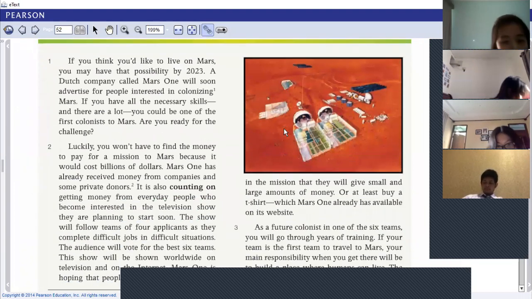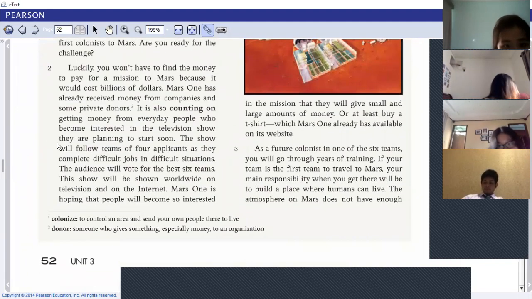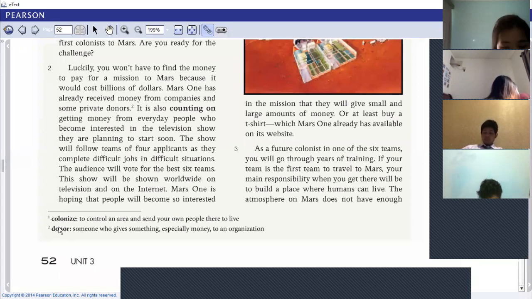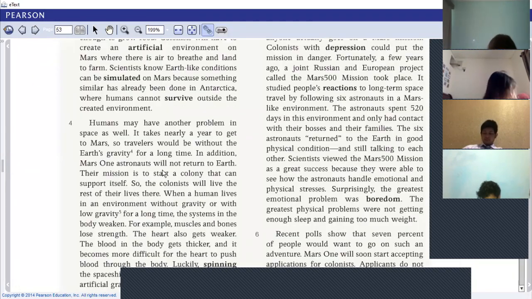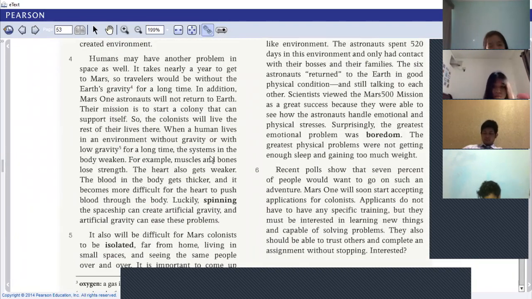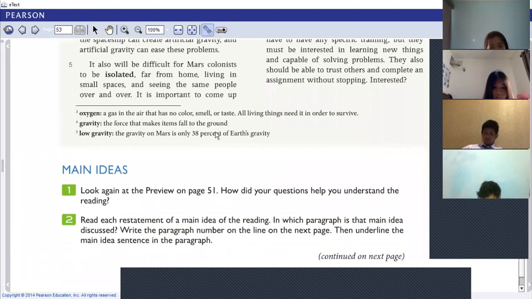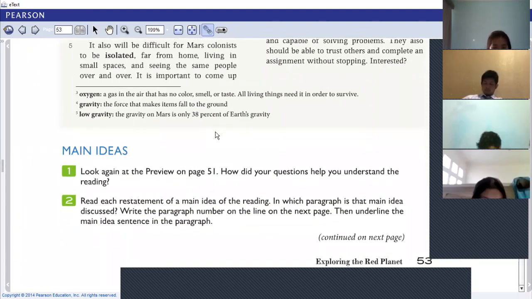Okay, you guys read the article, which brings us to here. Remember the words below, which have a definition, yeah? Let me see. That brings us to the part of main ideas. You had to look at your preview and see whether your questions were answered or not throughout reading it.